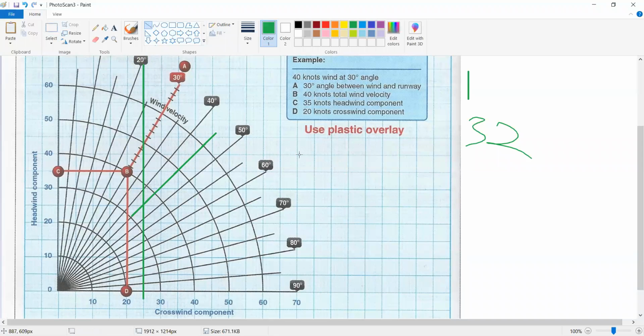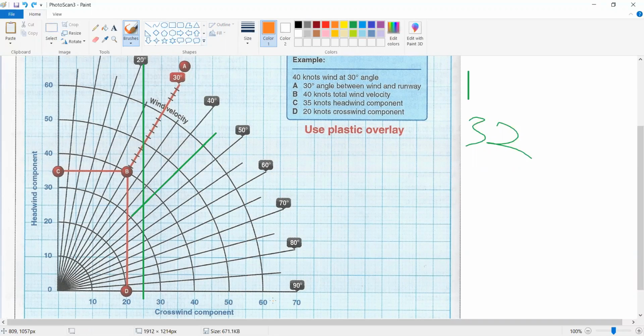All right, here we go. Okay, so this intersection is what's key. So yes, that intersection is at 25, but that's not what the question's asking. The question's asking to determine the maximum wind velocity, and these arcs here are the wind velocity, and that's what we're trying to find out.